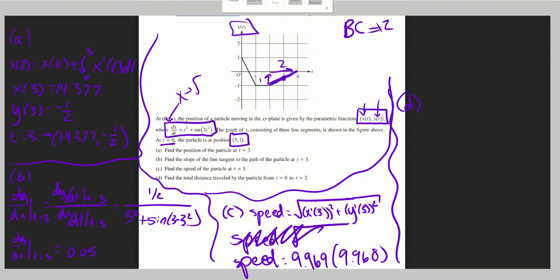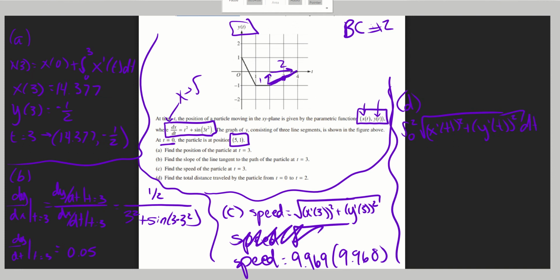Now part D, we want the total distance traveled by the particle from 0 to 2. Total distance traveled looks like the speed equation, but it has this integral in front of it. So 0 to 2, square root of x prime of t squared plus y prime of t squared dt.